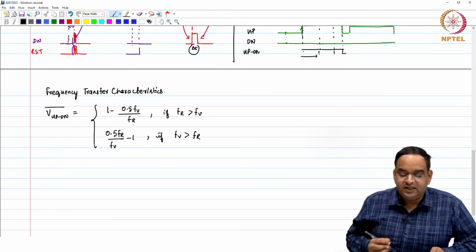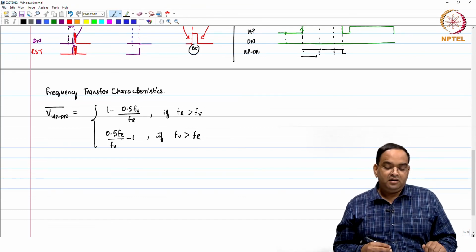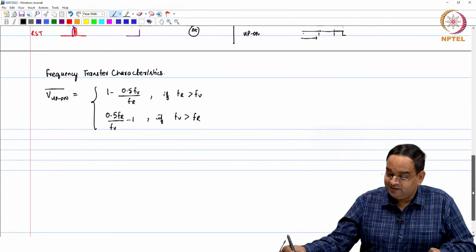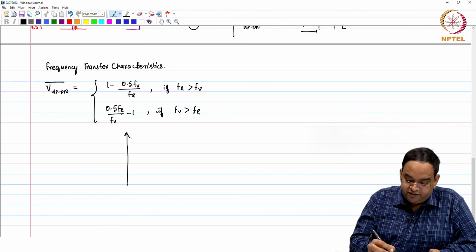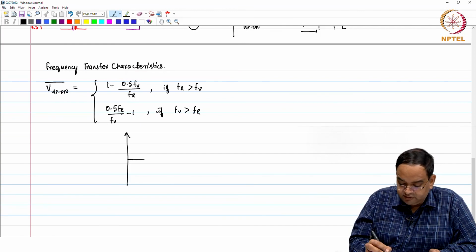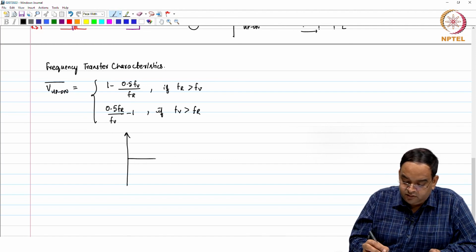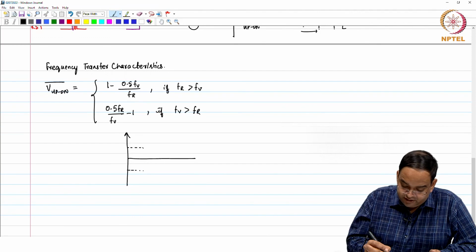One thing is, you will see that it is not symmetric around the frequency error 0. Well, that is fine, at least it is detecting the correct sign of the frequency error, that is more important. So, if I just plot this, what you will see is when there is no frequency error, the value is actually 0.5.